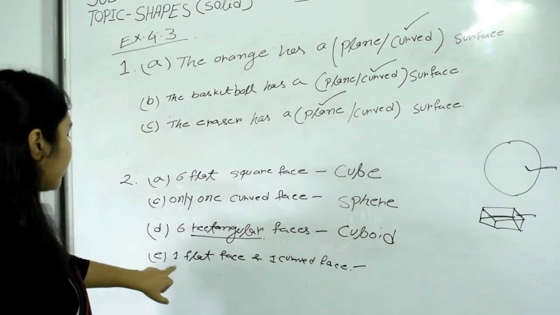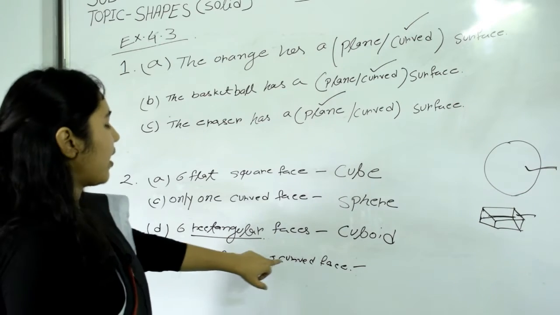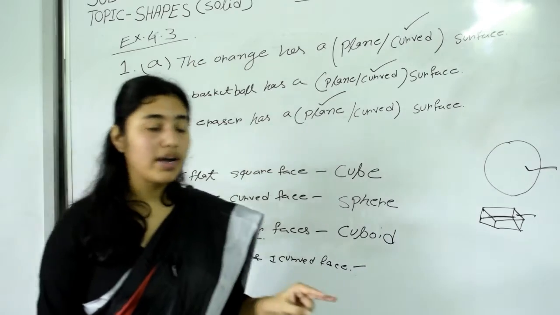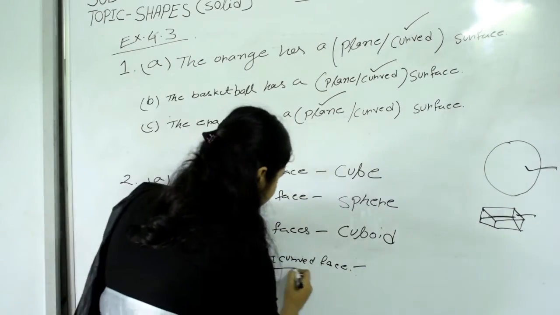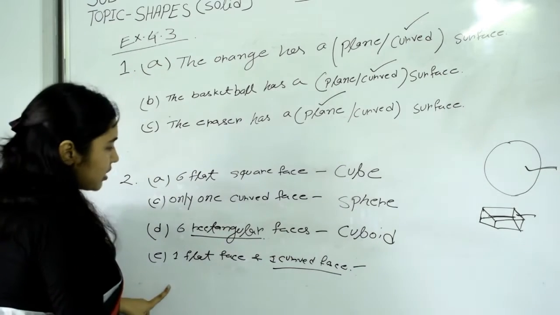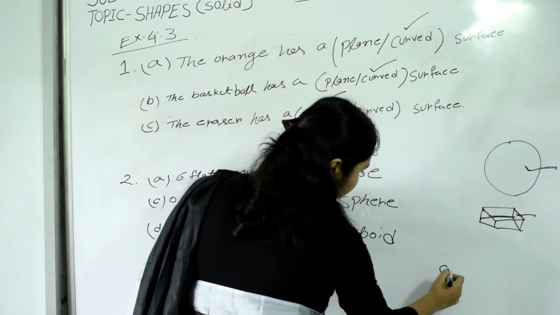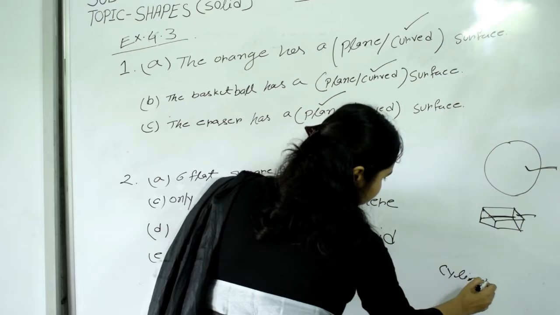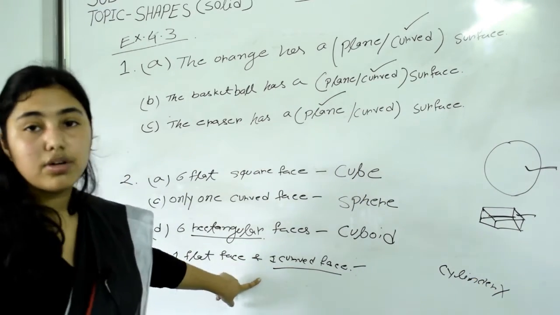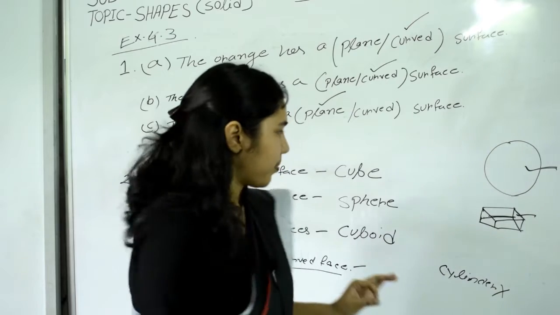And next, one flat face and one curved face. Now a cylinder has one curved face but 2 flat faces, which means cylinder is not the answer. Okay, so consider cone.